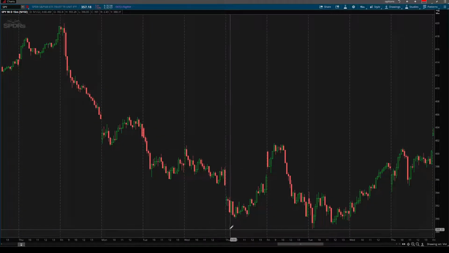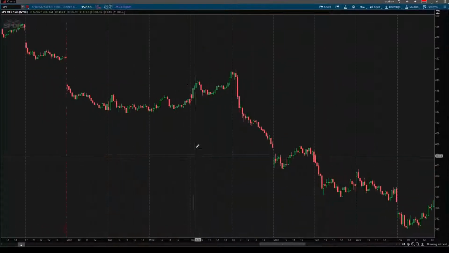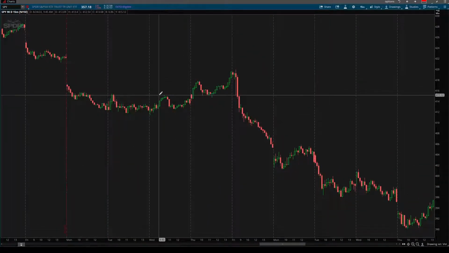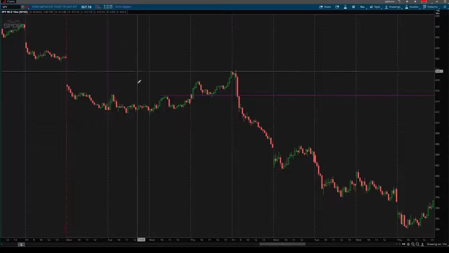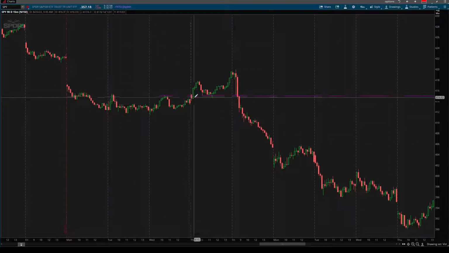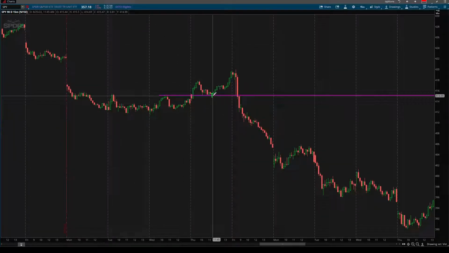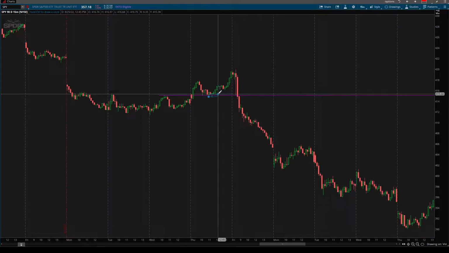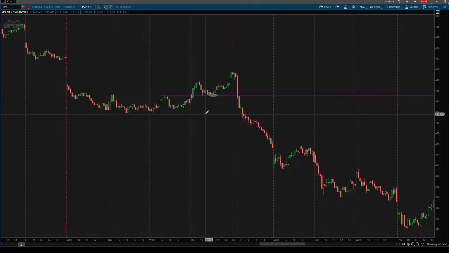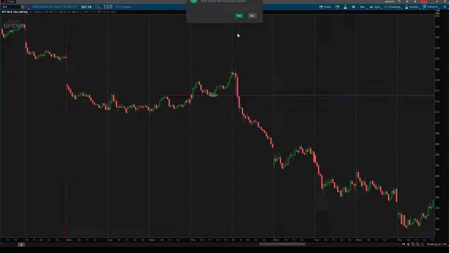An example of this strategy, as you can see right here, this one's pretty clean. We open above it, we break it, we retest it. That would be a decent trade. And this will be more of a back testing session. I feel like that's just how I'm going to go about these videos, just going through the action.